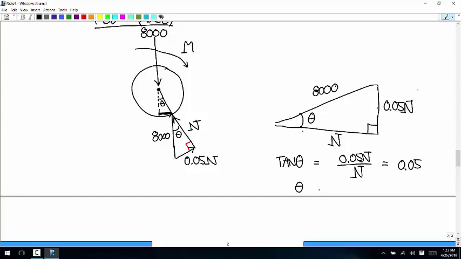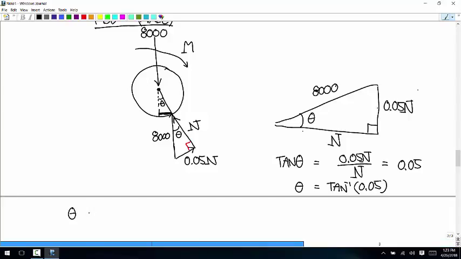So that theta has to be equal to the inverse tangent of 0.05. And you can do that in radians or degrees. We're just trying to get that angle. So what's theta equal to? 2.86. Okay, so 2.86 degrees.